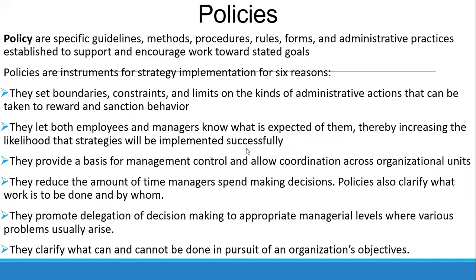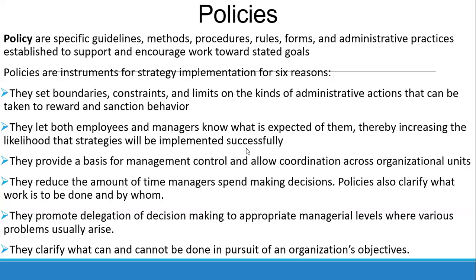And these policies may border on attendance, on performance, on the use of organizational resources, be it internet or car or whatever. The essence of having these policies is to set the permissive zone of variation.